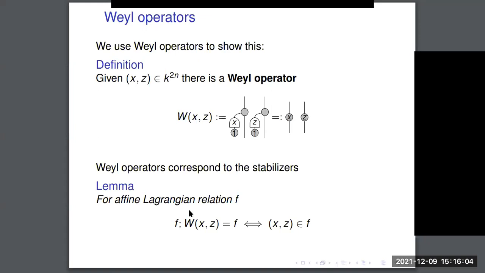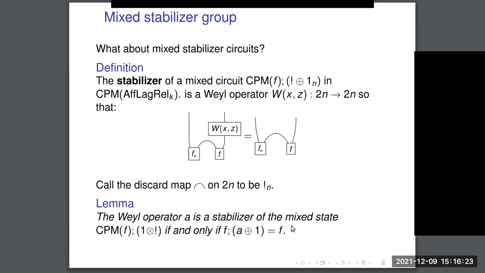So think of f as a stabilizer state, and if you have this stabilizer equation, then this is equivalent to saying that (x, z) is in the subspace. Okay, that makes sense. Thanks.